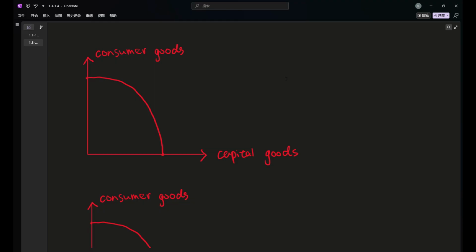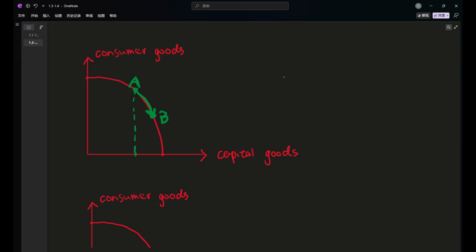How can this show the change? Okay, let me show you. What about point A changing to point B? What does this mean? You're thinking about it. So A and B are both on the production possibility curve, so that means they are both at maximum efficiency. But they are different.